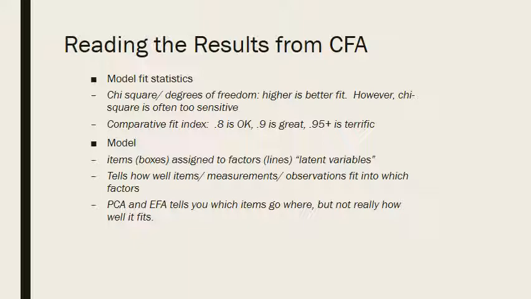And then it'll tell us how well the items or measurements or observations, whatever it is that you're doing, fit into the factors. Principal components analysis and exploratory factor analysis tells us which items go where, but not really how well it fits. It can't answer that question. So only confirmatory factor analysis can answer that question.